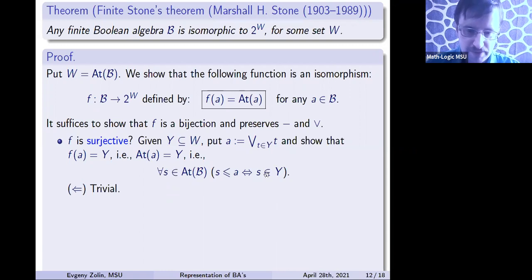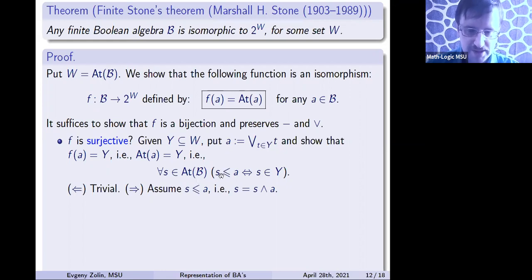One direction is trivial. If S is an element of Y, so S is one of these elements here in this T, then of course the disjunction is bigger than every element in this disjunction. So A is bigger than every element in this disjunction. So we only need to prove the converse implication.